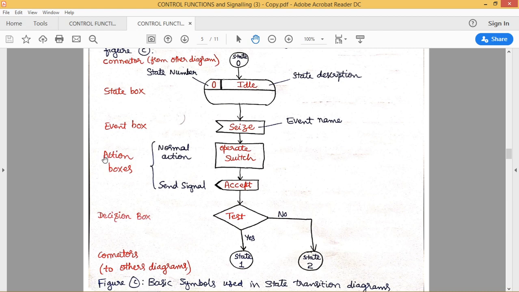The next set is the action box. Generally we use a rectangular box indicating what action needs to be taken by the system, or by the switching system. Of course, another type of action box is shown here. Please note, it will have a protruding arrow.